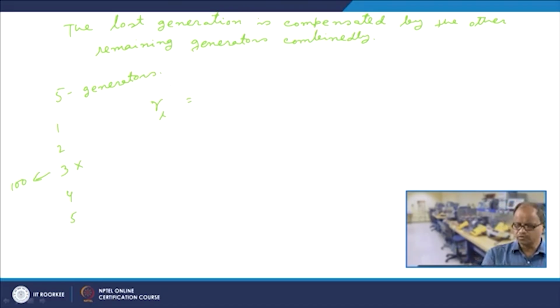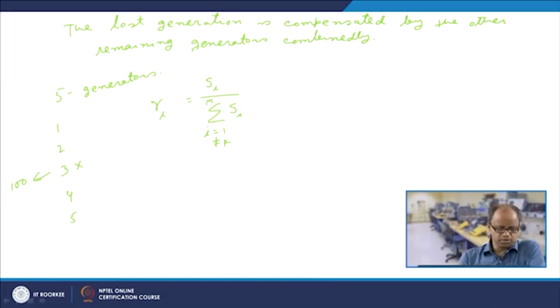So here we can write gamma L equal to S L divided by the sum total of S I, I equal to 1 to M, I not equal to K.